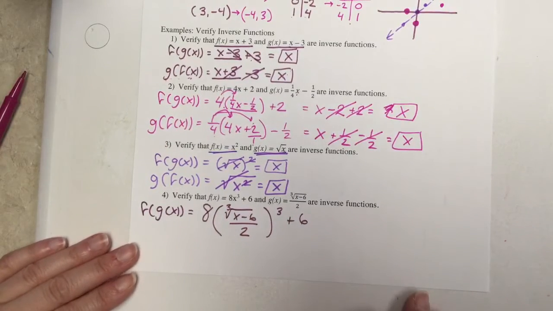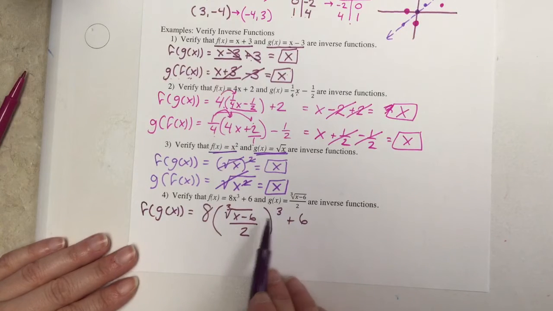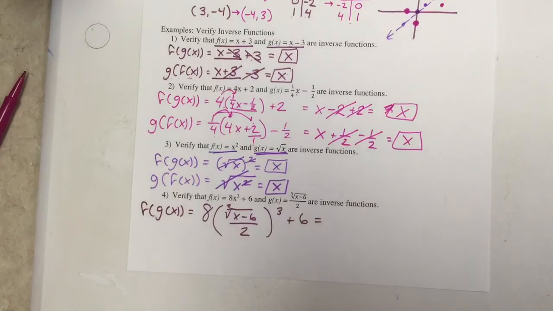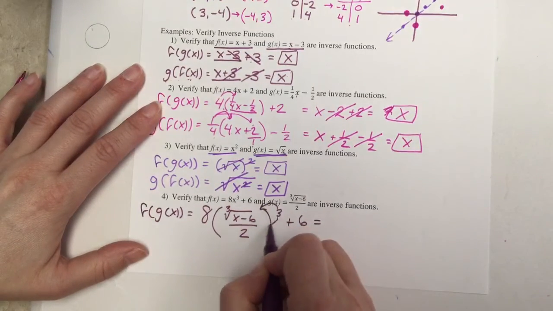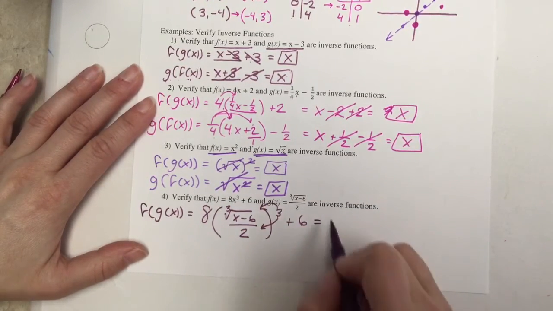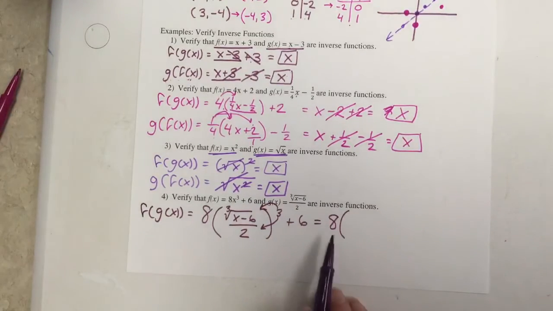Okay, if I look at my order of operations, I know exponents have to go first. I have an exponent outside of a fraction. So thinking back a couple weeks ago when we talked about properties of exponents, this exponent goes to the top and the bottom. So I have the 8 out front because you always do exponents before you would multiply.